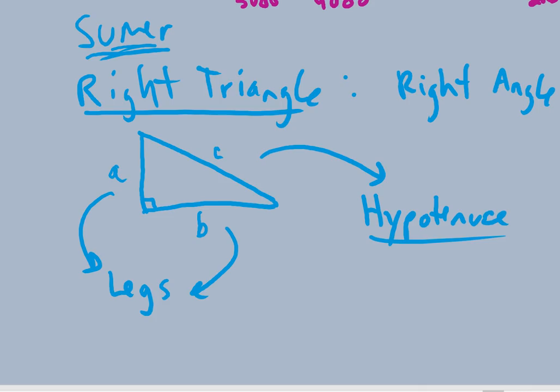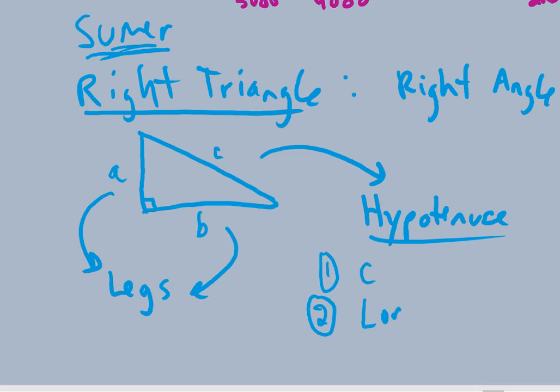Legs is obviously not Greek, or it might be. I don't know if it has its foundations in Greek or not. The two shorter sides are what we know as legs. They are always going to come together to form the right angle. And the hypotenuse, there are two ways that you can identify the hypotenuse. Well, three ways actually. It's always going to be the C.